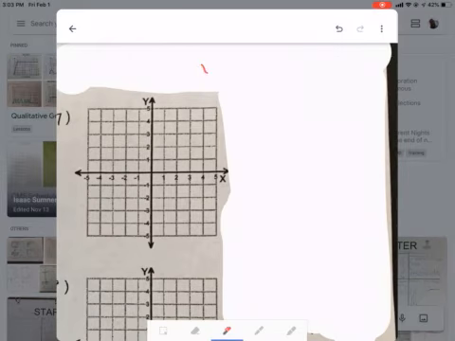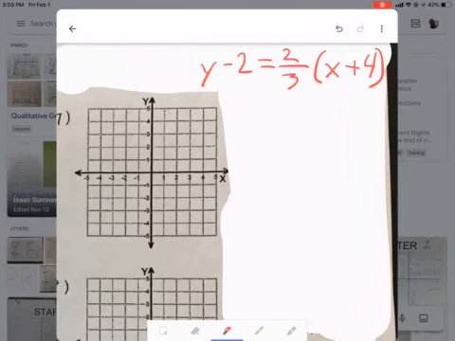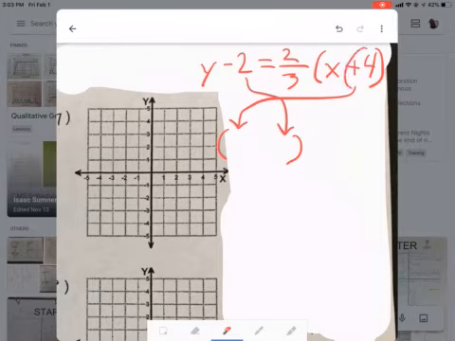So let's do this one. Y minus 2 equals 2/3 x plus 4. And when you graph one of these, since it's point slope form, you're going to construct a point by looking at the number after x.